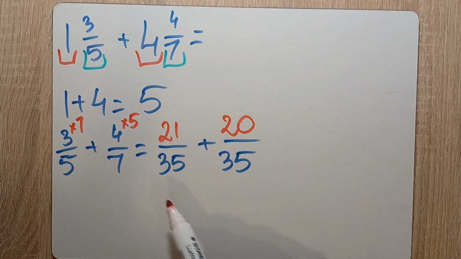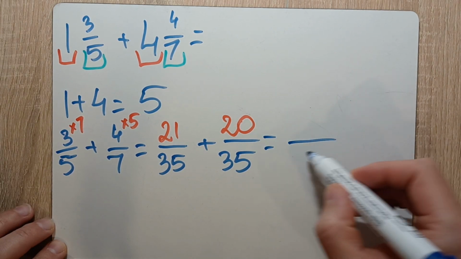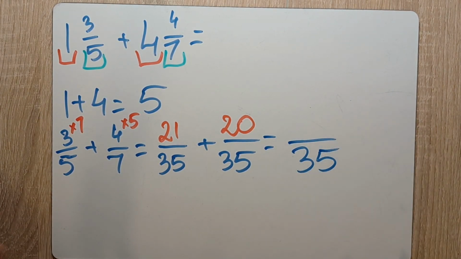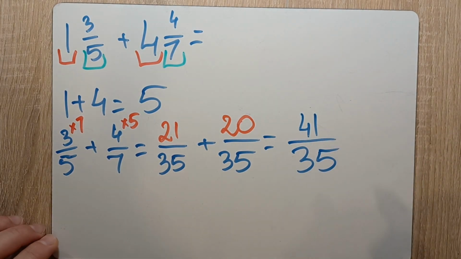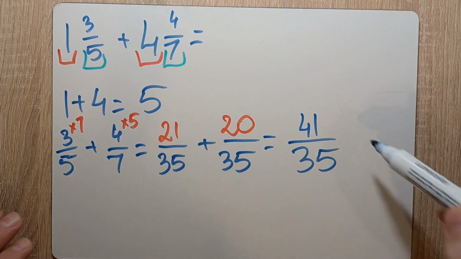Okay, I've got 35 as a common denominator, so let's copy it. And then 21 plus 20 equals 41. Okay, so again, I received 41 over 35, so this is an improper fraction.